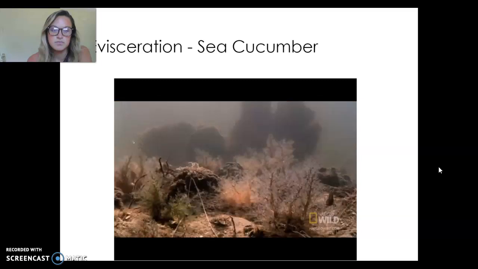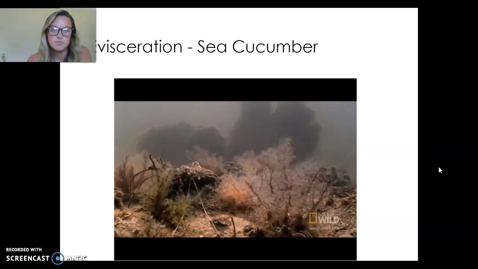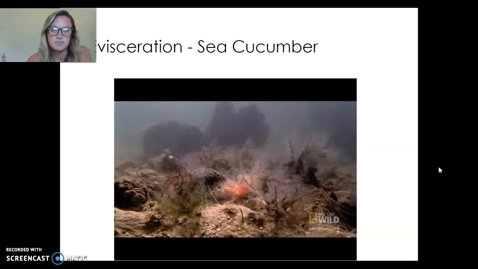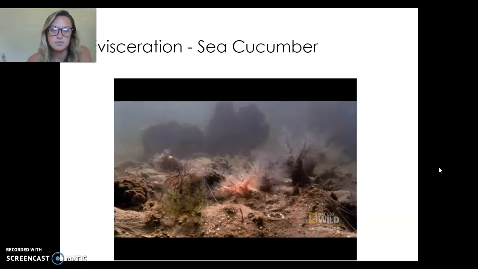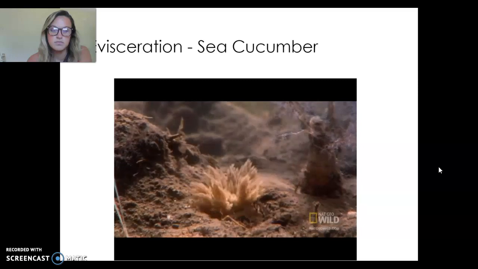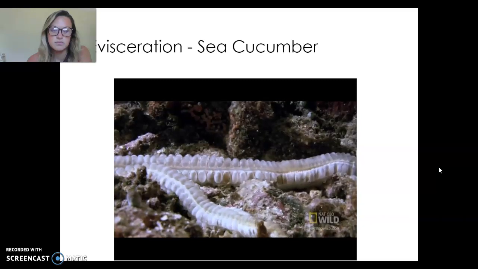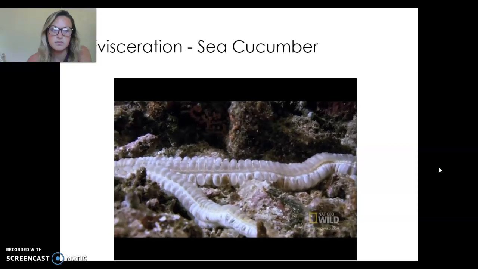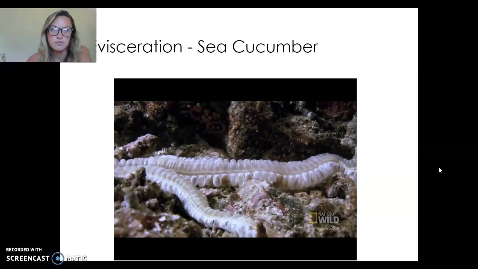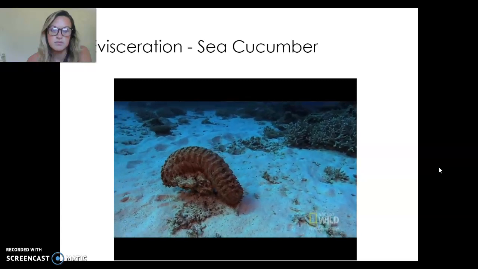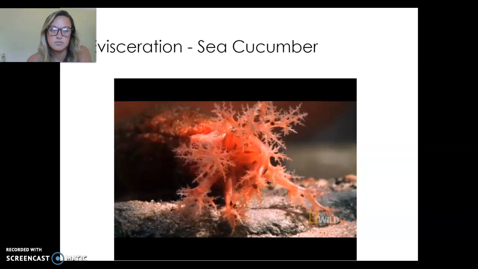A miniature forest of cubes filter the water clean of organic debris. But at the first sign of trouble, the forest vanishes to feed another time. It knows no fear, possibly because it has no brain. Instead, a nerve ring around its mouth tells it when to move, when to fight, when to eat.